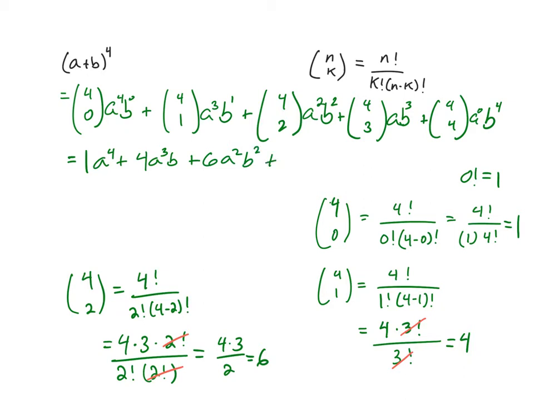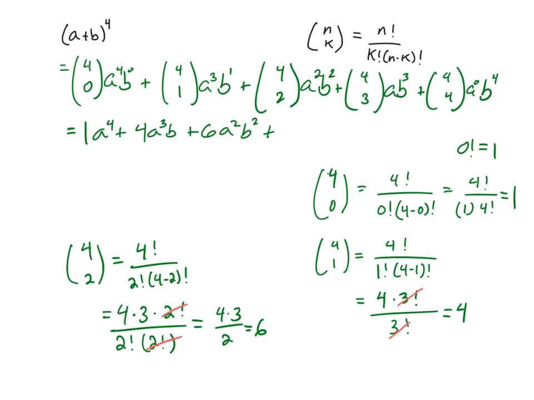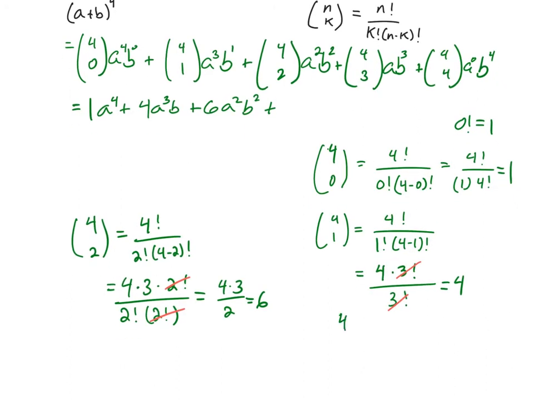plus, let me get a little bit more space right here. Right, so let me move this up right there. So 4 choose 3 is the same as 4 factorial divided by 3 factorial times (4 minus 3) factorial.